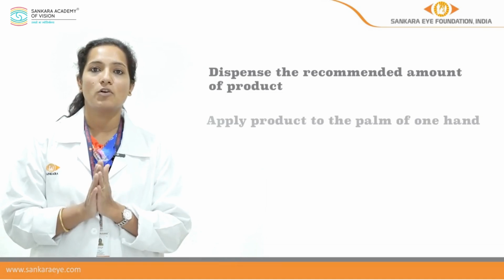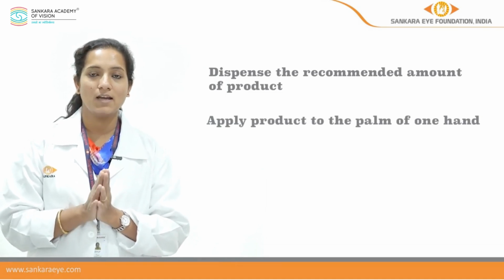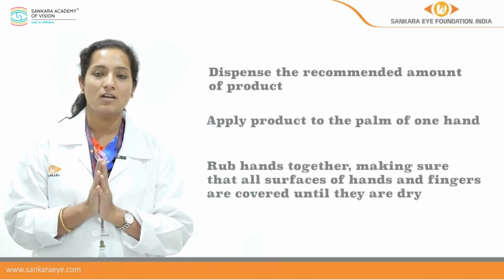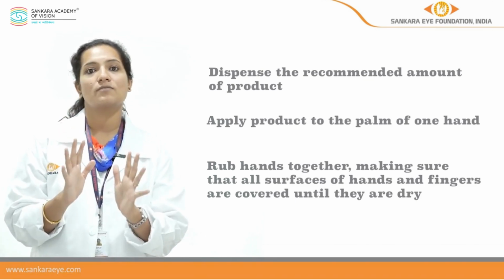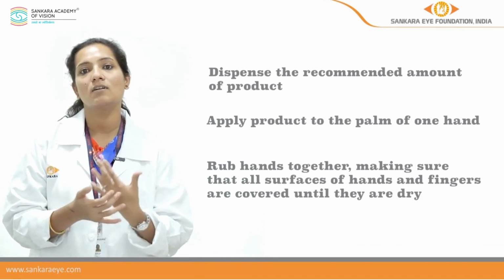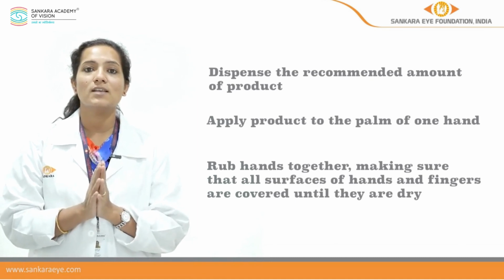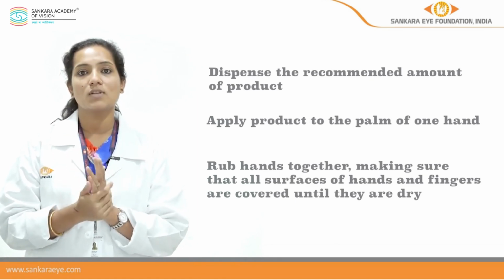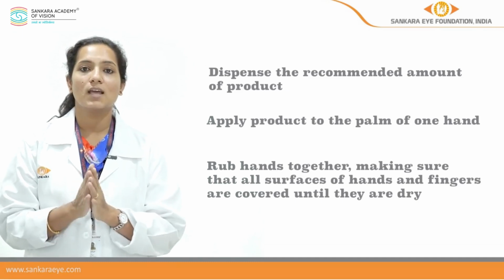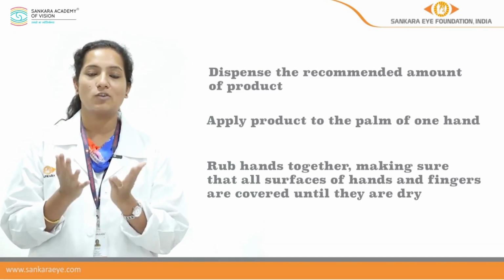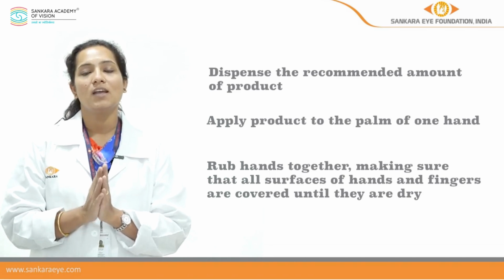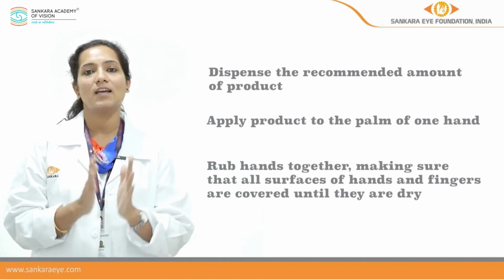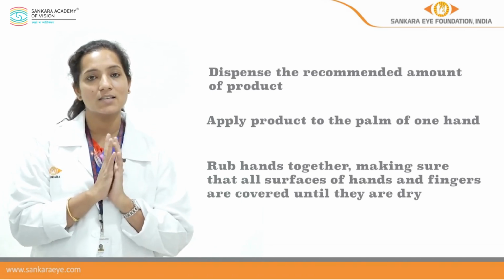You apply the product to the palm of one hand and you rub hands together, making sure all the surface are in contact with the solution so that there is cleaning of hands completely. And if you follow the 6 steps properly, then the hand rub solution gets spread to your complete hand and we get clean hands at the end of 20 to 30 seconds.